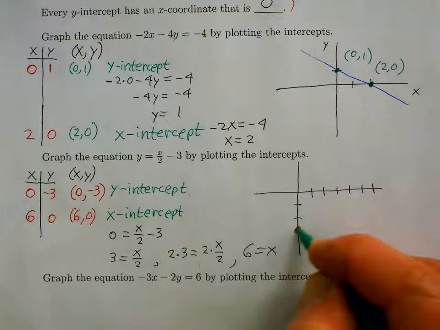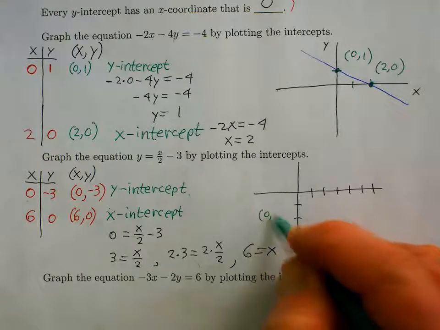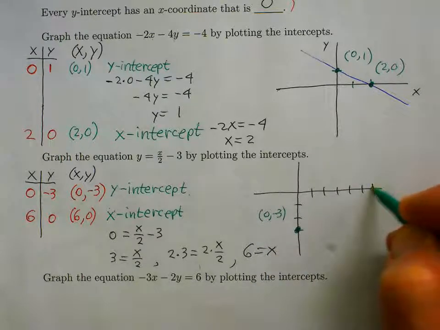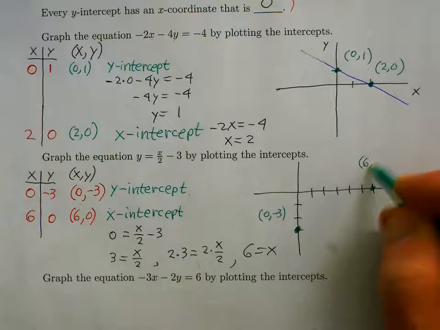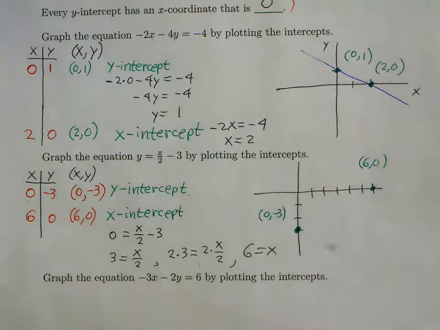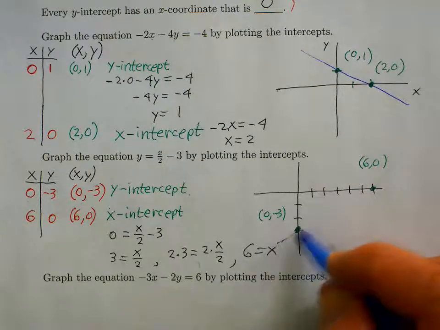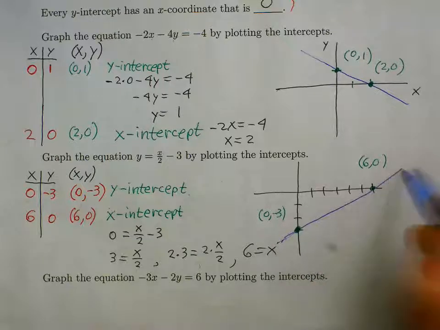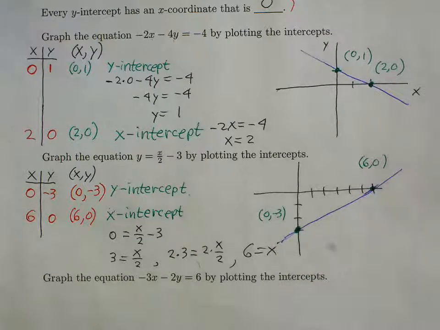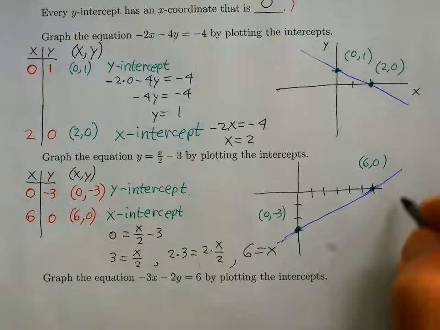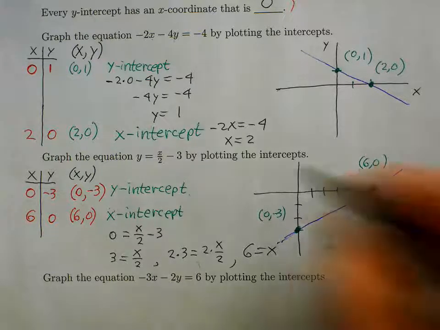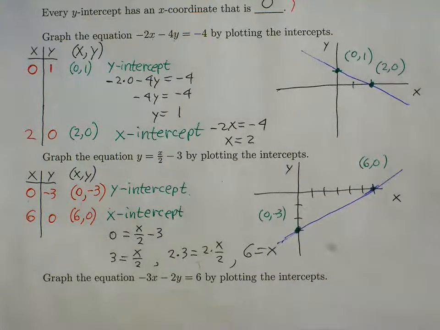This one is (0, -3), and this one is (6, 0). Then draw a straight line through those points. The horizontal axis is the x-axis, the vertical axis is the y-axis.